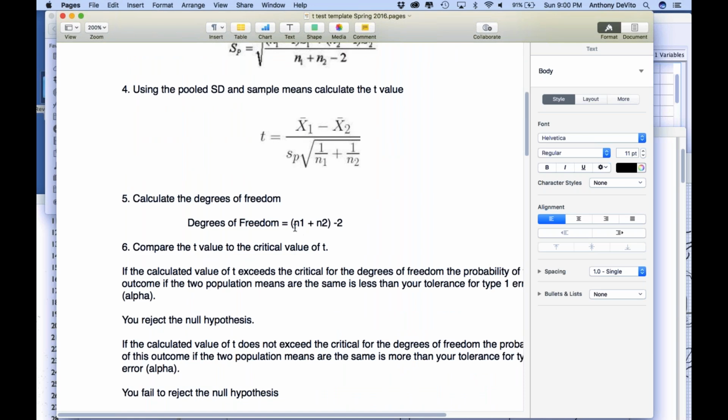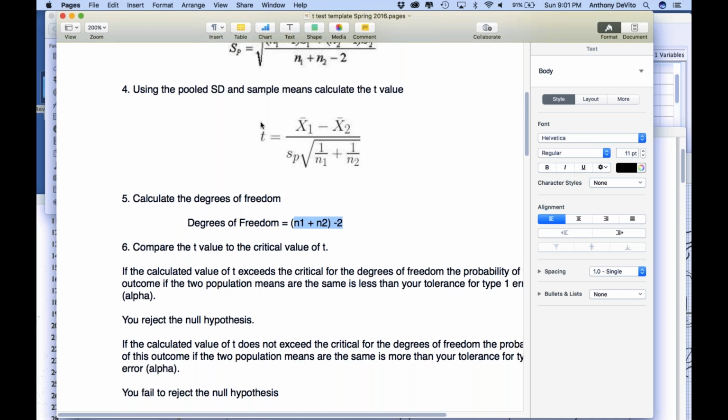Your degrees of freedom are the sum of the two sample sizes minus 2. So you go to your t-table, you get your critical value of t, which, if it's a sample of size 9 and size 9, that's 18 minus 2 is 16. So you get your t-score for a 95% confidence interval for 16 degrees of freedom. And that's your critical value of t.